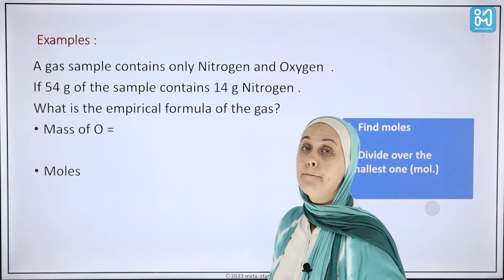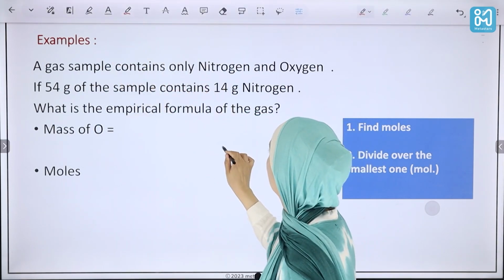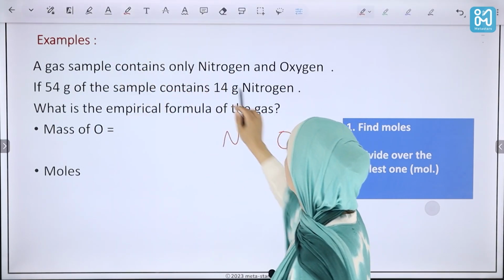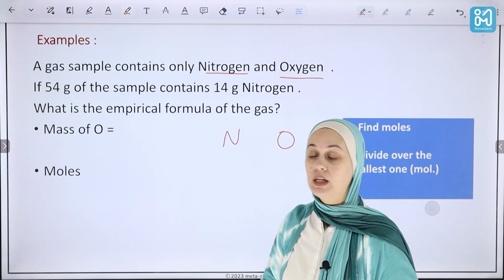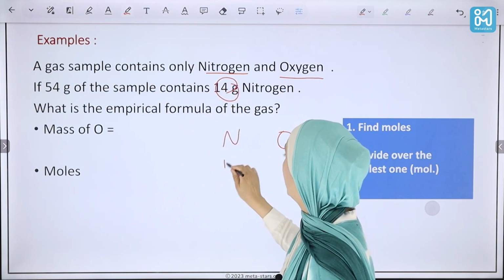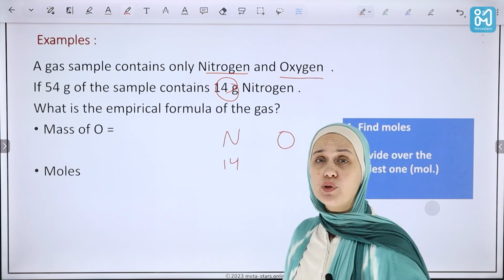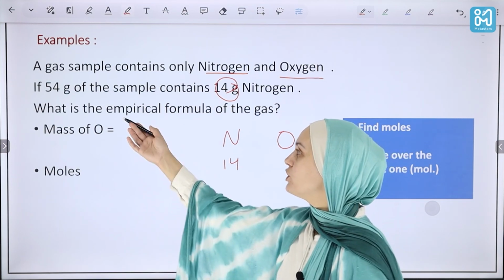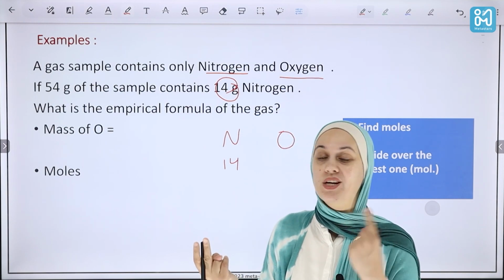I was given masses. First, I have nitrogen and oxygen. These are the 2 elements I have here. What I was given is the 14 grams of nitrogen, so I will write it here. This is the mass, 14 grams. What about the mass of oxygen? How can I find it? The question told me that it's 54 grams of the sample and it only contains oxygen and nitrogen.